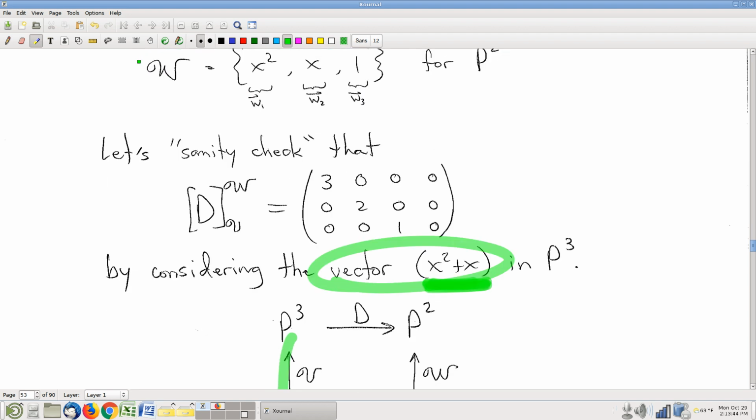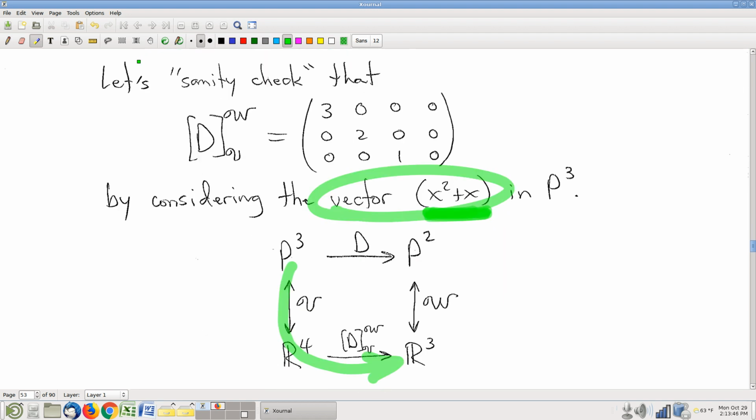How do I write x squared plus x as something x cubed plus something x squared plus something x plus something 1? What are these coefficients? Well, again, you look at the vector.